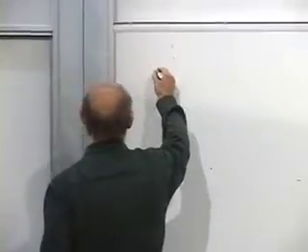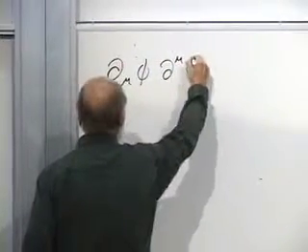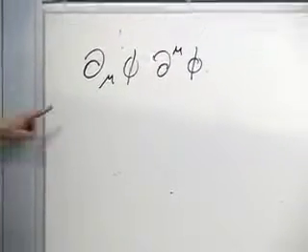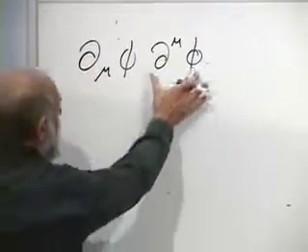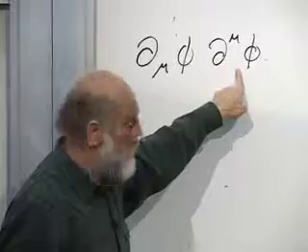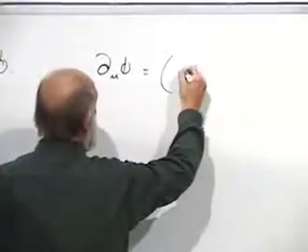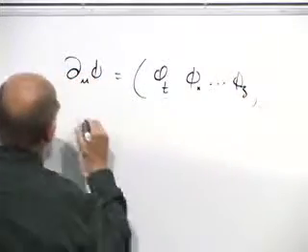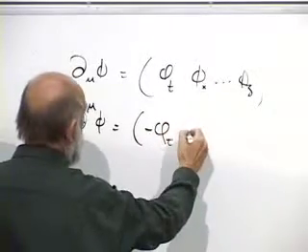The thing in the Lagrangian is d mu phi. Remember what this means. This stands for the 4 derivatives, the time derivative and the 3 space derivatives. These stand for the same derivatives except with a change of sign of the time component. So d mu phi stands for the complex of objects phi t, phi x, up to phi z. And d super mu phi stands for the same thing except the time component changing sign.